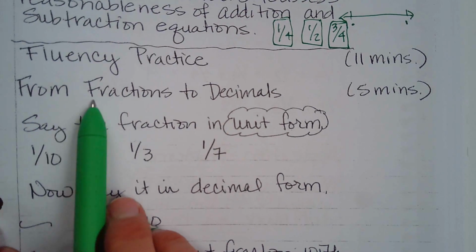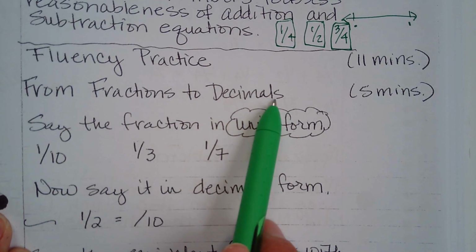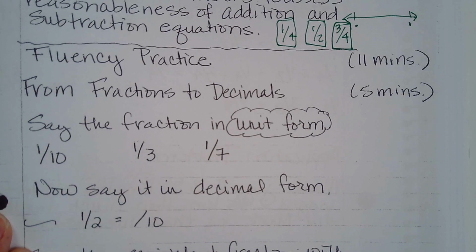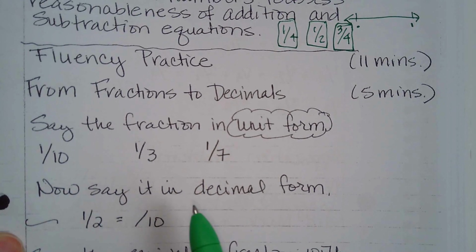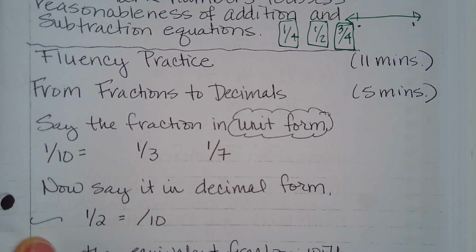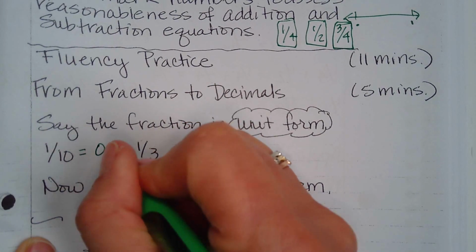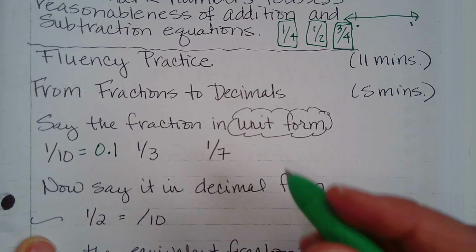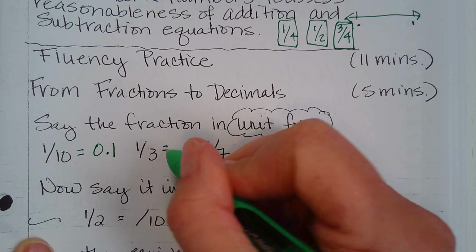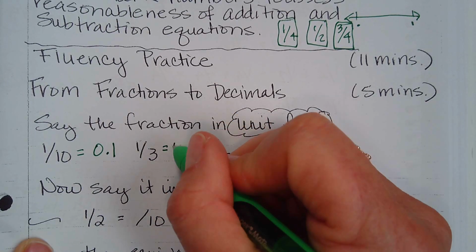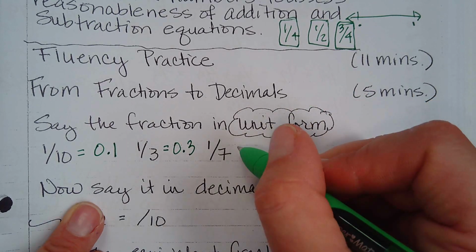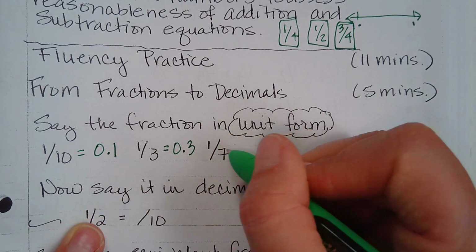Okay, our fluency practice from fractions to decimals. I'm going to say the fraction and you tell me the unit form. So when I say 1/10, what does 1/10 look like in unit form? 1/10 would be 0.1, right? What about 1/3? What is the unit form? That's right, it'd be 0.3, or 0.33.